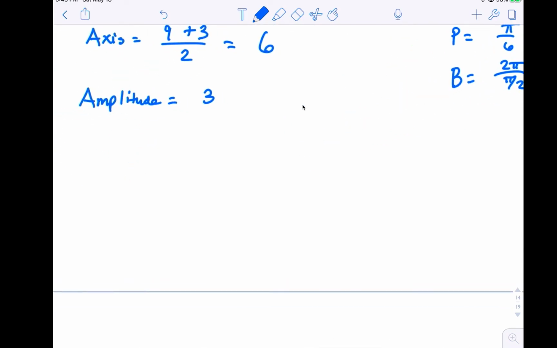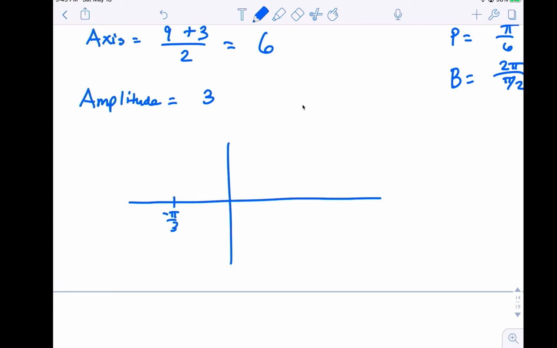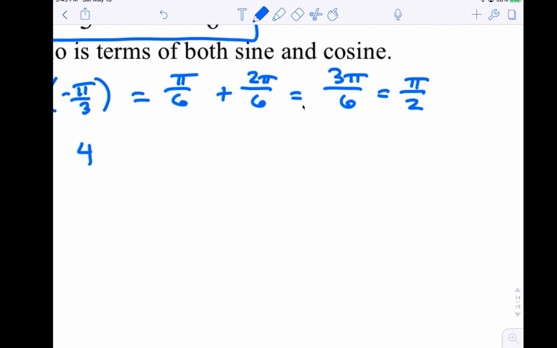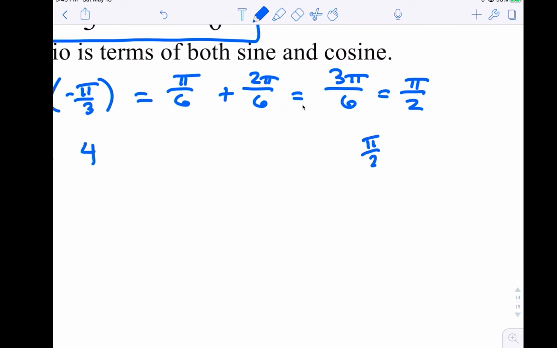Even if you wanted to graph this one, it might help. So we're starting at negative pi over 3, and we're going to start at 9. Now, your period we said was pi over 2, so pi over 2 divided by 4 is pi over 8.